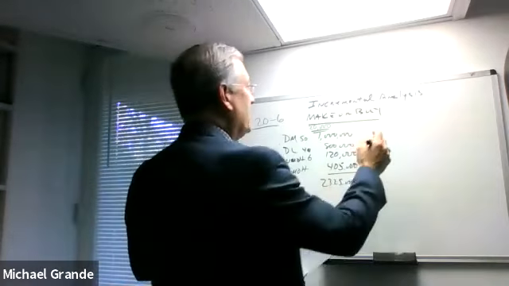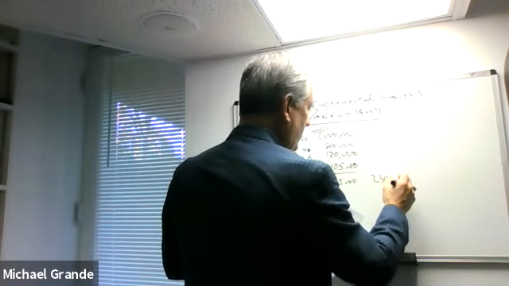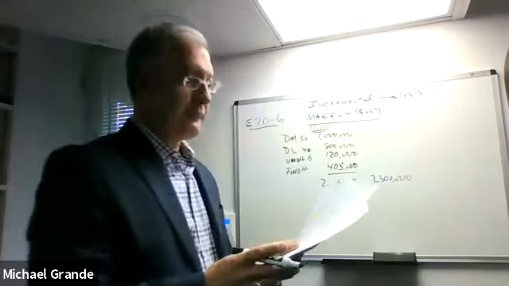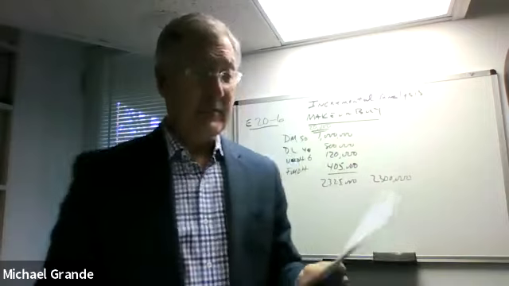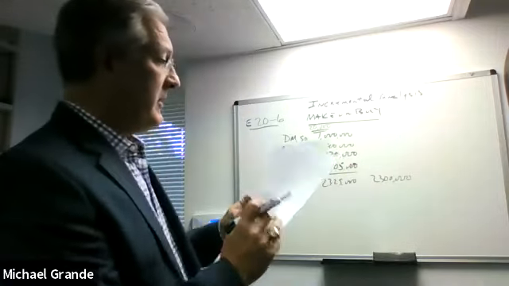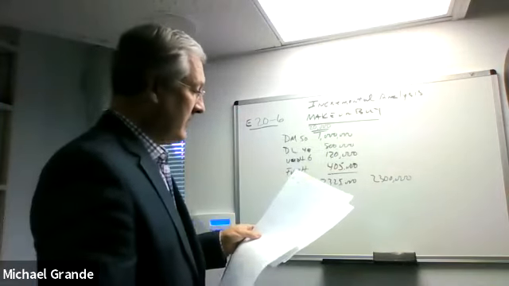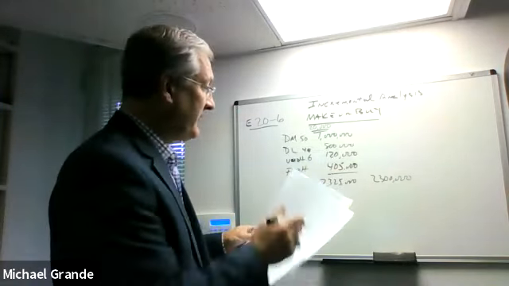The cost to buy is $2,300,000, 20,000 times $115. So right now, the cost to make is greater than the cost to buy.